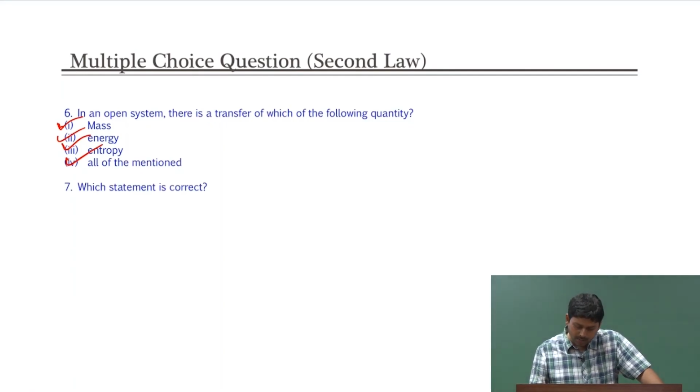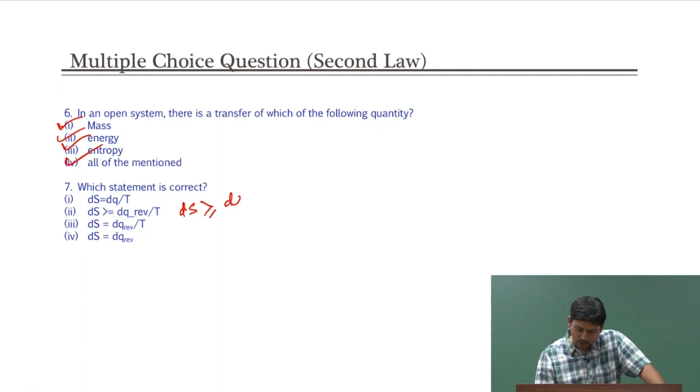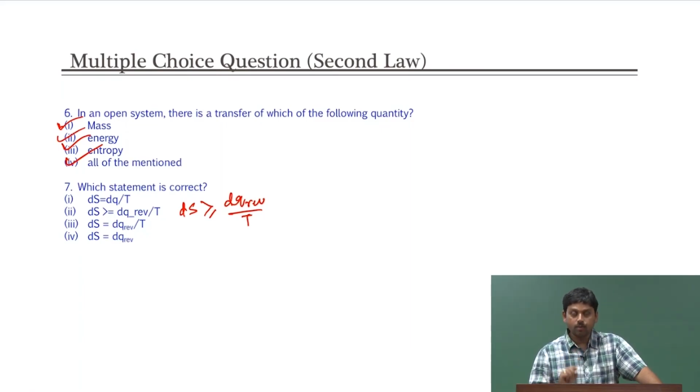Which statement is correct? ds equal to dq by t. Now, you will be tempted to always write ds equal to dq by t, but no, it is not true. ds greater or equal to dq reversible by t, that is not true, because we will discuss that.